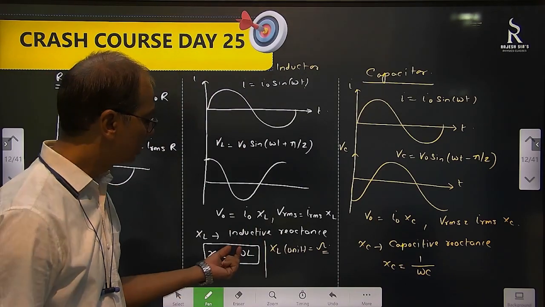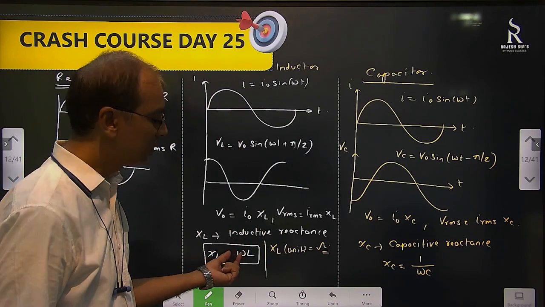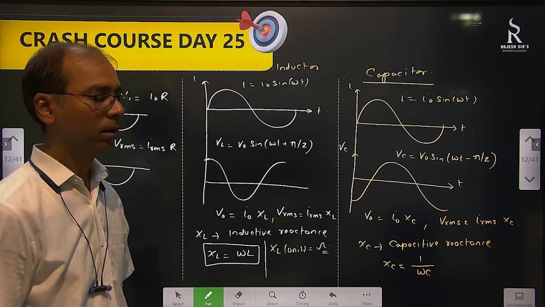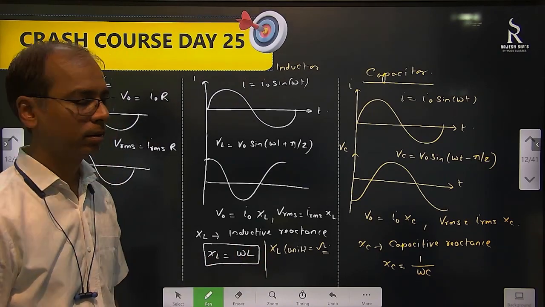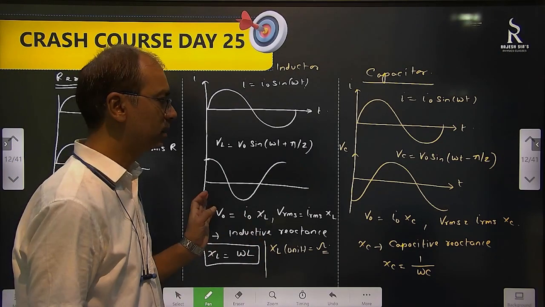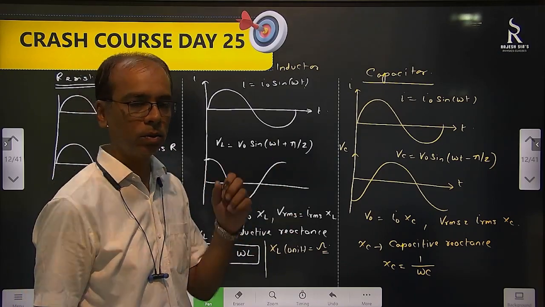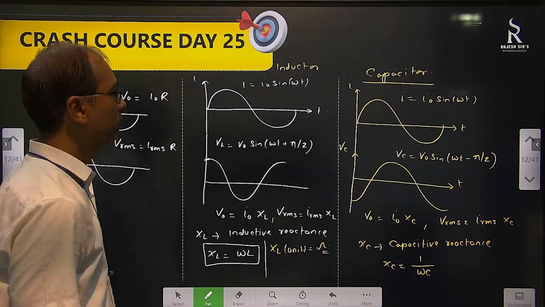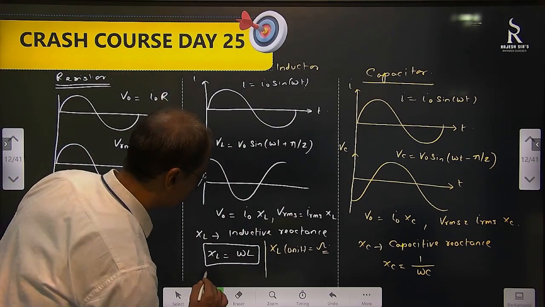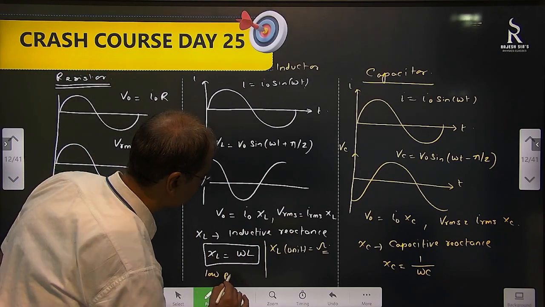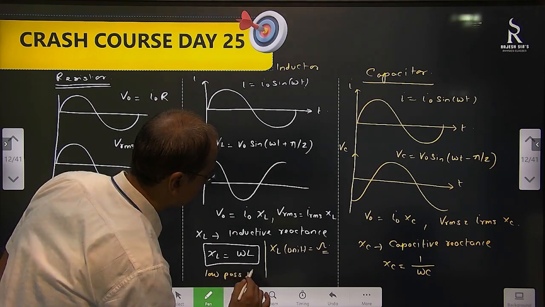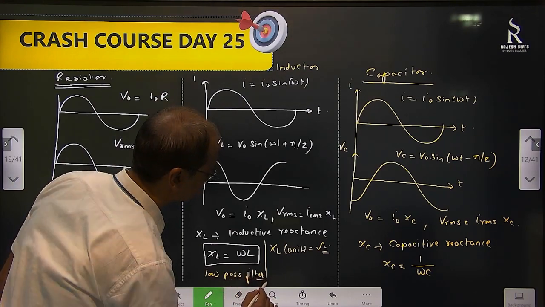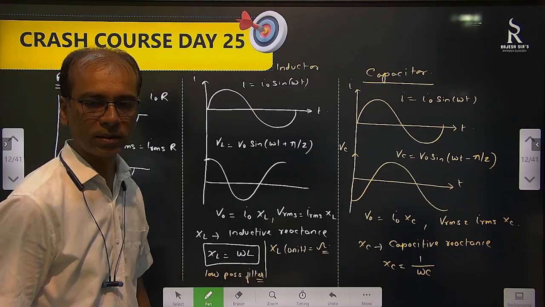Because its resistance is less at... when its resistance is less, it will easily allow the current to go. This is called a low pass filter. Which one? Inductor. At low frequency, its resistance is less.